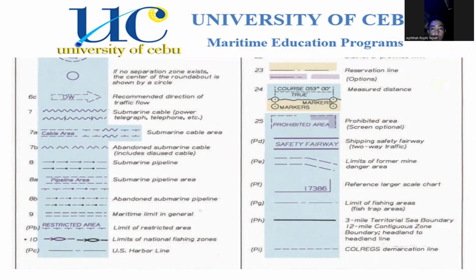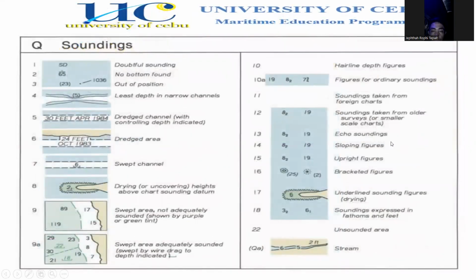And recommended direction of traffic flow, submarine cable, telegraph, submarine cable area, abandoned submarine cable, submarine pipeline area, abandoned submarine pipeline, maritime limit in general, limit of restricted area, limits of national fishing zones, US harbor line, and many more. Next slide, please. For continuation, may I call Hans Timagos.